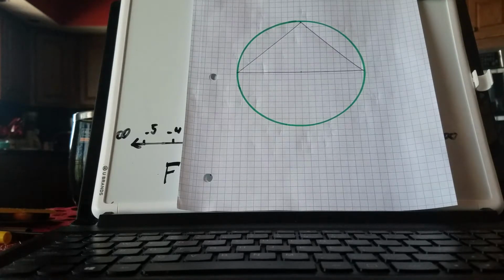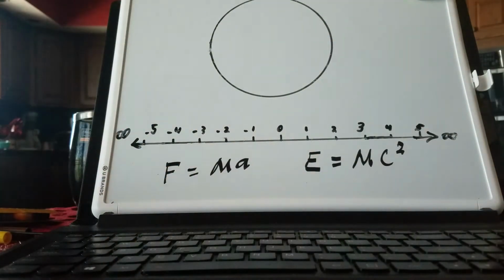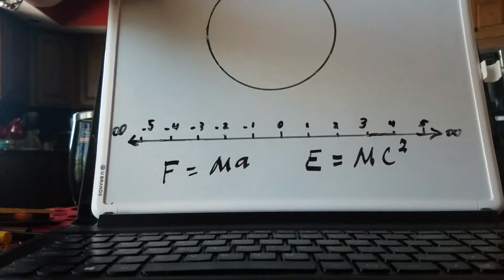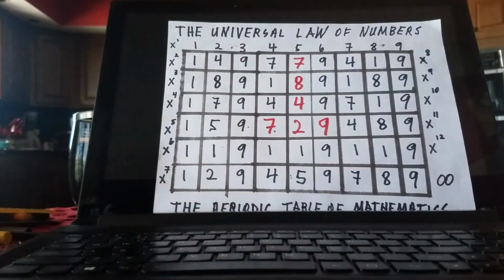So the point that I'm trying to make here is one that I made earlier. I made the statement that all mathematics, when it boils down to it, is basically arithmetic. And if we want to take that even further, we can literally say that it's just counting.